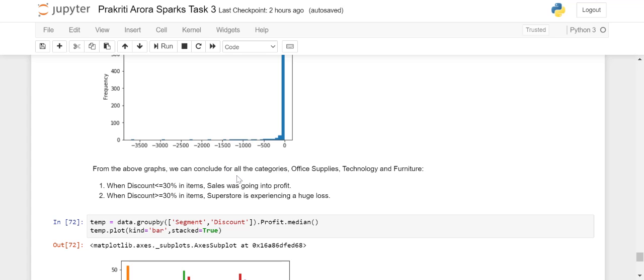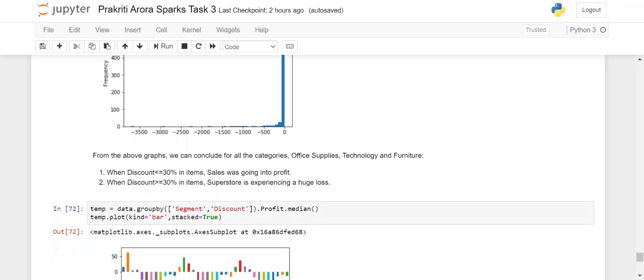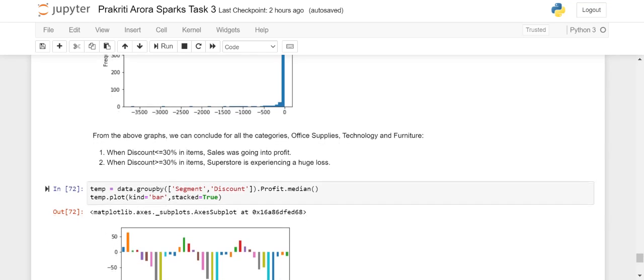The weak area would be the discount. So if the superstore offers less than a 30% discount on the items, the company would be able to gain a lot of profit.